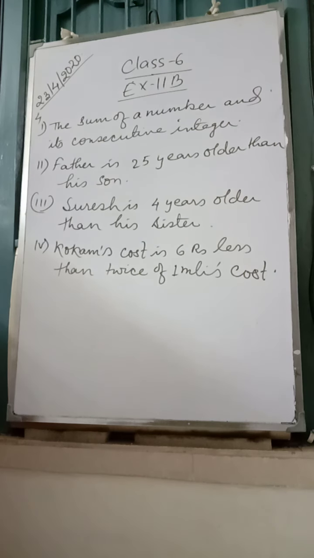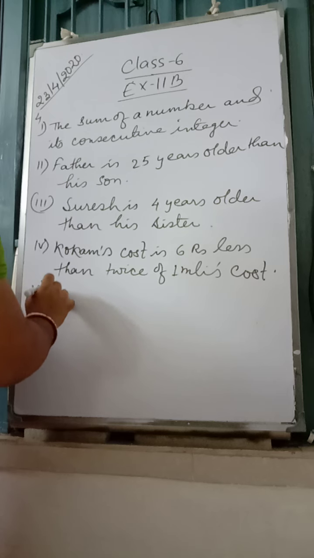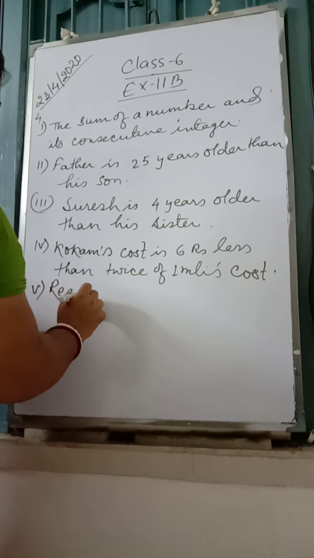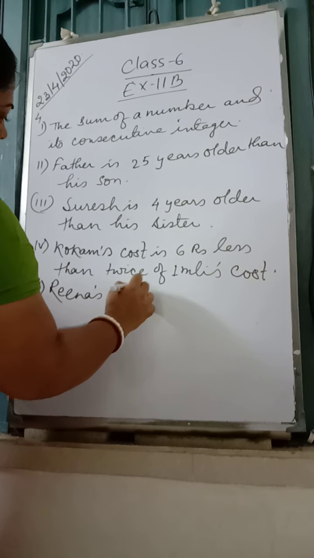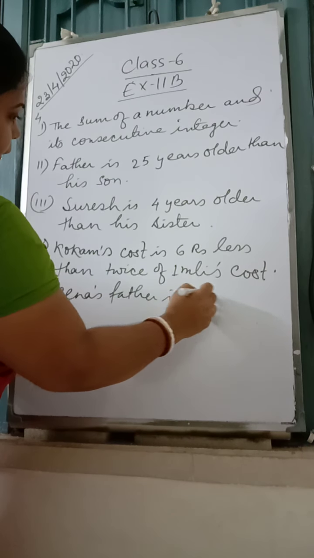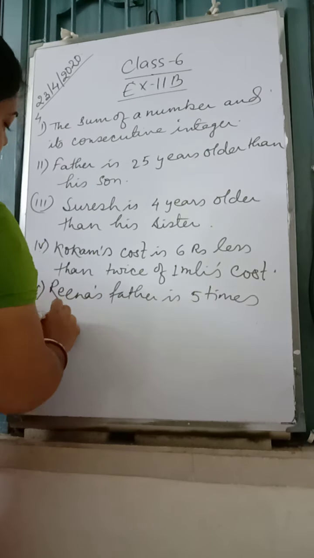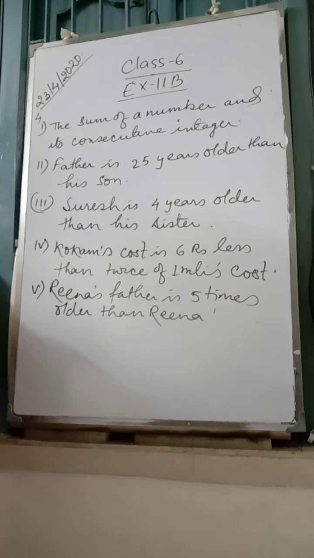Let Reena's age be m. Her father's age is 5m. So Reena's father is 5 times older than Reena. Reena has k storybooks and her father has k minus 20 storybooks.